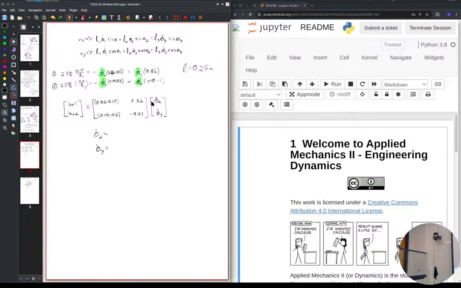It's 1 over 3. Decimal. 0.33. 2 over 3. Wait, I actually don't understand. No, this one's 0.6667.